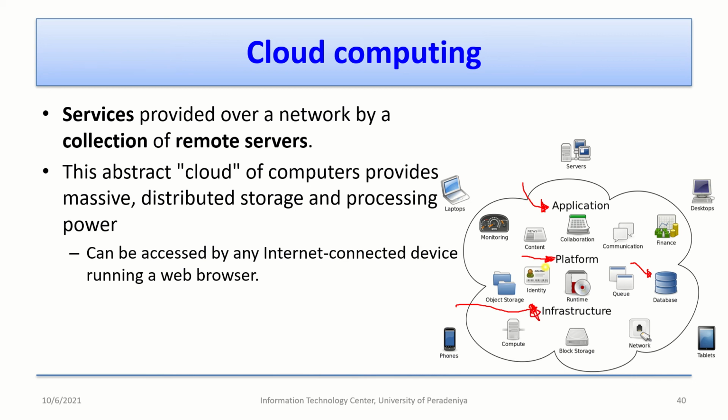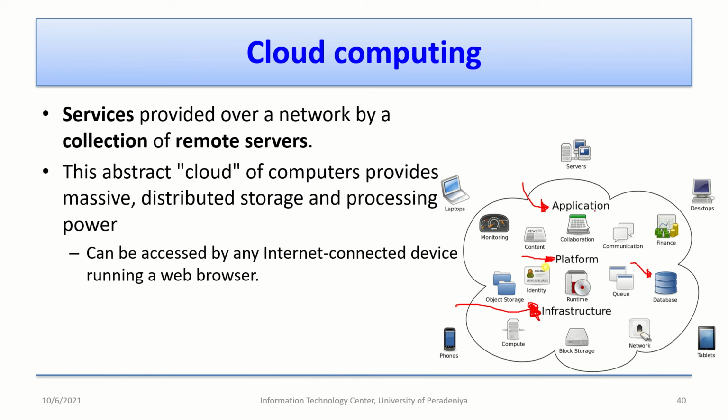We provide the storage. So with Google Drive, we can store our documents, right? In that case, we are provided the infrastructure. Infrastructure, that is to say, hard disk, right? So we can store our data in Google Drive. In that case, we call it infrastructure as a service, right?